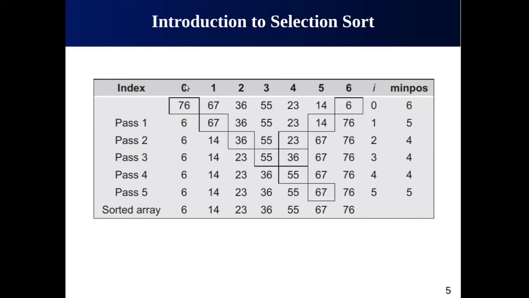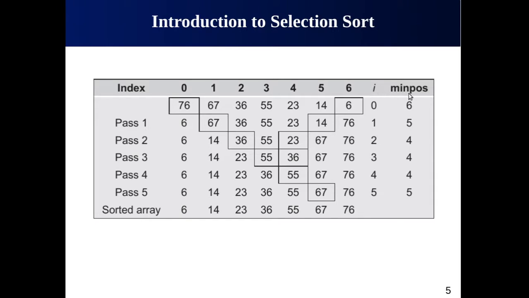Normally we prefer to start with 1 in case of algorithms, but if you want to implement them, then you have to start the indexes from 0. So we have the data 76, 67, 36, 55, 23, 14 and 6. We have 7 elements in unsorted form.